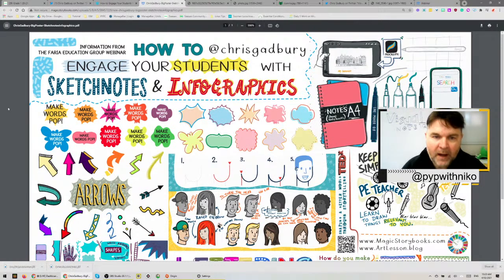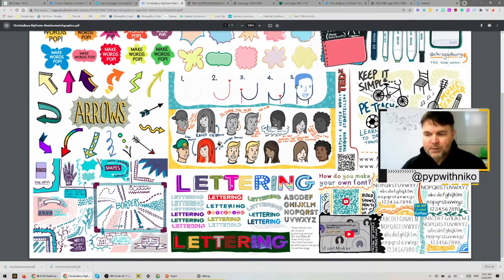Well, how do we do that? We do that by making words pop. We do that by showing connections using arrows. We do that by creating beautiful lettering that pops out, and by using shapes and borders to make things really stand out to us.